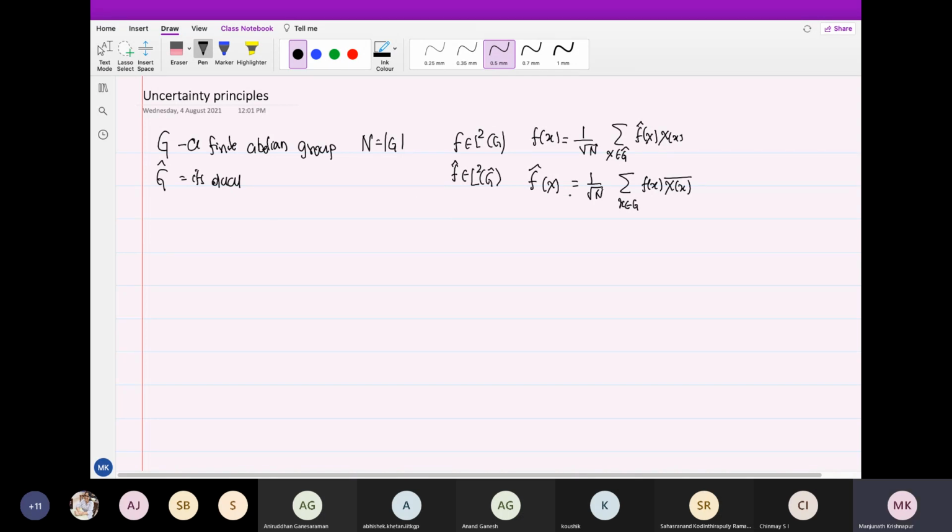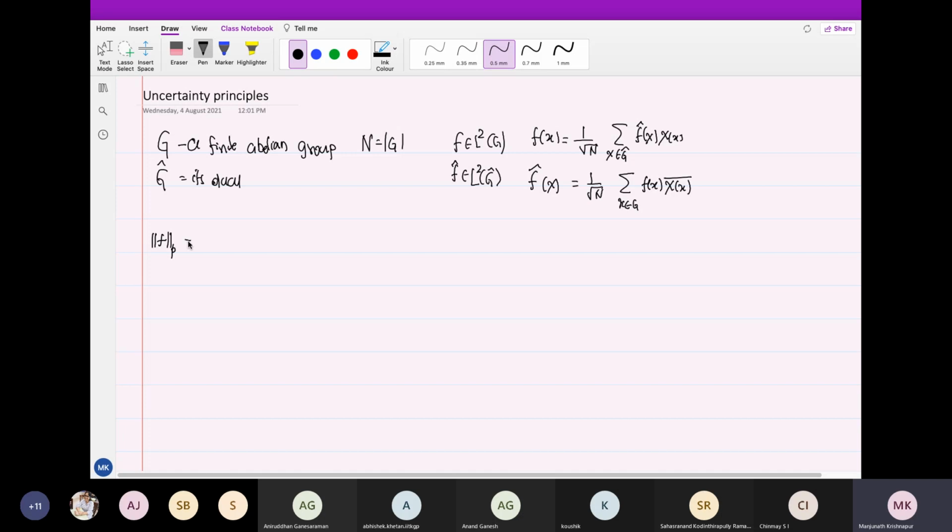Okay, so one of the things that we observe here, by the way, just in case everyone is not aware, let me recall the Lp norms. If I have a function on a finite set, when I write norm f sub p, this is just a definition.